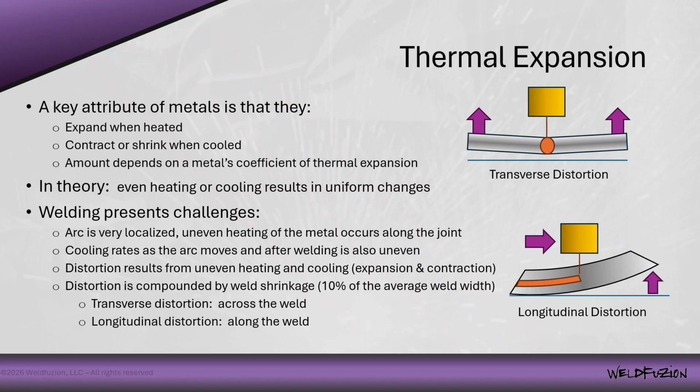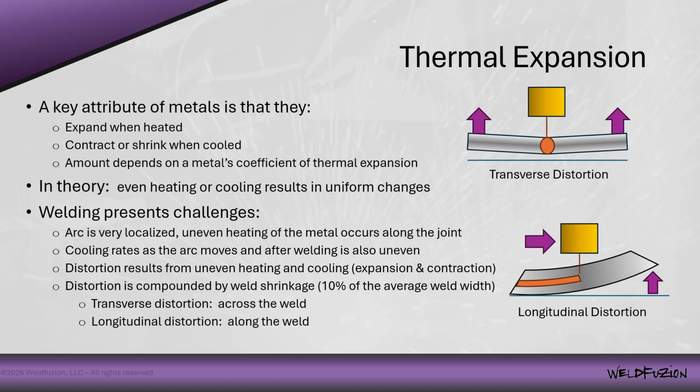Transverse distortion is normally the most noticeable and severe, but you may also experience some longitudinal distortion as the weld shrinks along its length. It may pull back and shrink up or down depending on where the neutral axis is. You can use various methods to reduce or balance distortion, and we're going to talk about some of those in a minute. Because all metals distort, right?